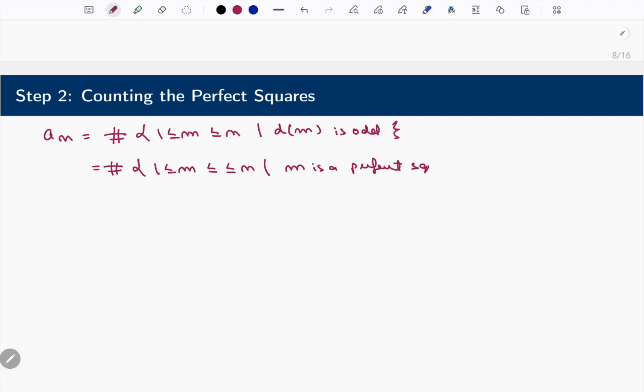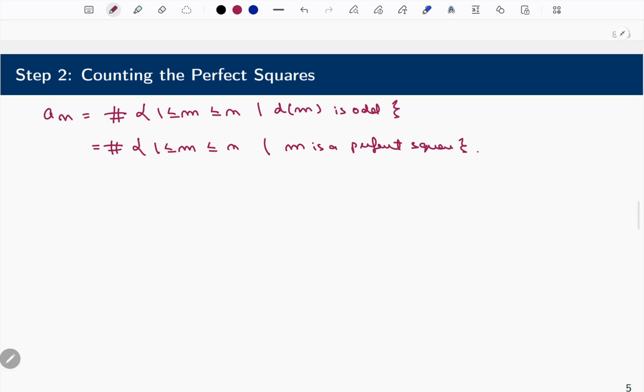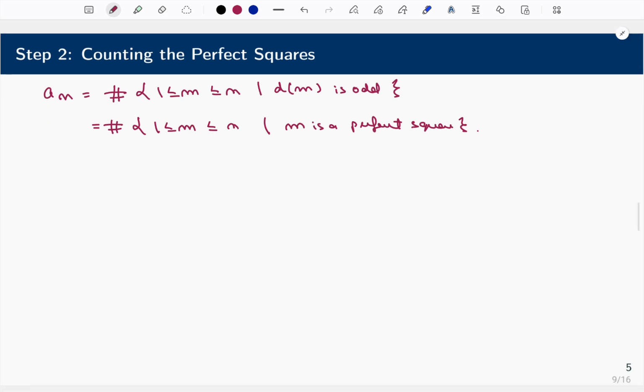So we need to find all those integers which are perfect squares and between 1 and n. How many such perfect squares should there be? Do I need to go for the exact value? No, I do not exactly require the exact value. We know that this should be less than or equal to root n, right?